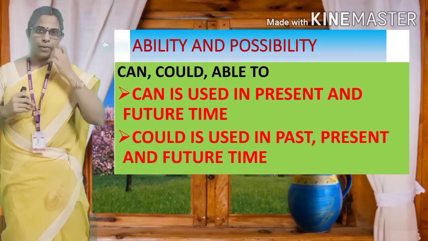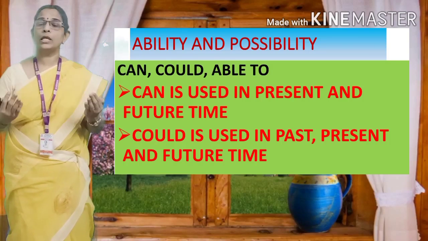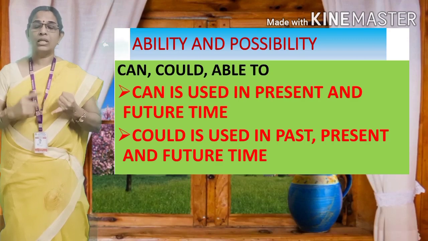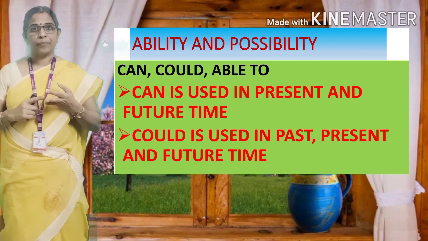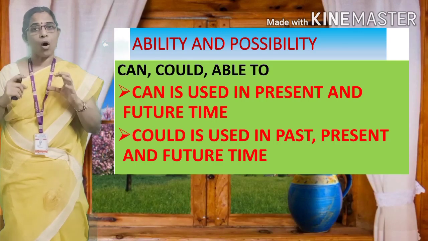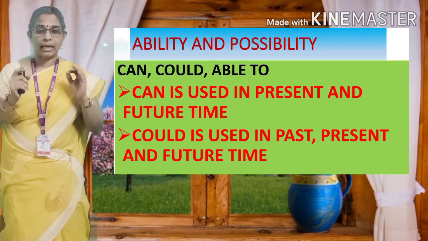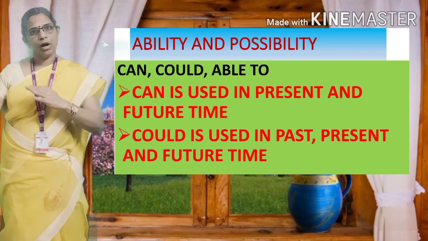Ability and possibility. If you are showing ability or expressing possibility, in that case you will be using the words can, could and be able to. Can is a modal auxiliary verb. The word can will be used either in present tense or in future.